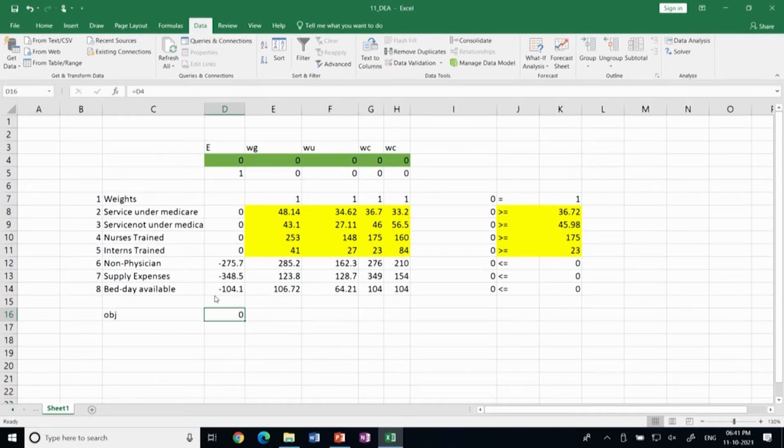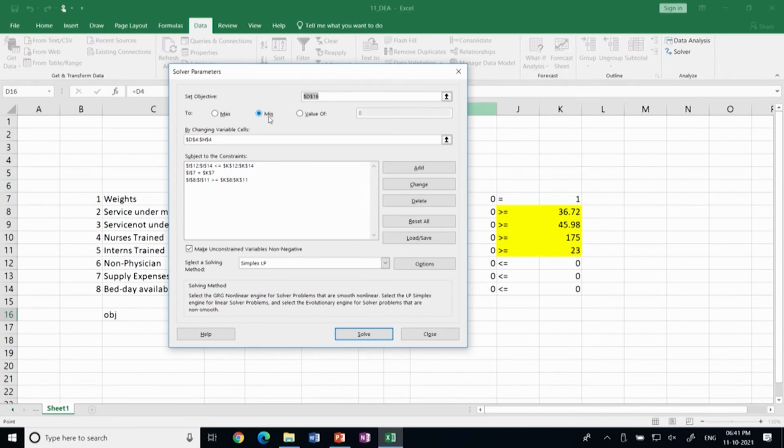Now, I will go to Data, then go to Solver, then you see that it is a minimization problem. The changing cells are as I mentioned. There is 1 equal to type constraint, there are 3 less than or equal to type constraints and 4 greater than or equal to type constraints. So, now I am going to solve it.